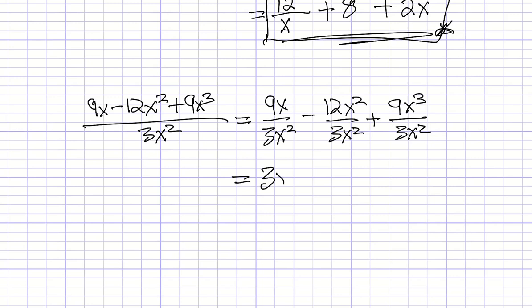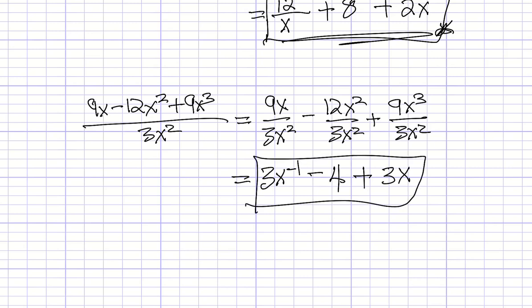So it's going to be x raised to power negative 1, not negative 2, negative 1, okay, minus 4x, that's going to be x to the 0, which is 1, okay, plus 3x, so we're done there.